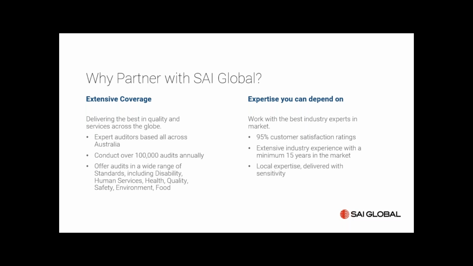SAI Global conducts over 100,000 audits annually. Obviously, that's not just to the NDIS, but covers a whole array of standards. We audit in quality management systems, but also a range of disability and human services standards, health standards, occupational health and safety standards, environmental standards, food, and also in other sectors.